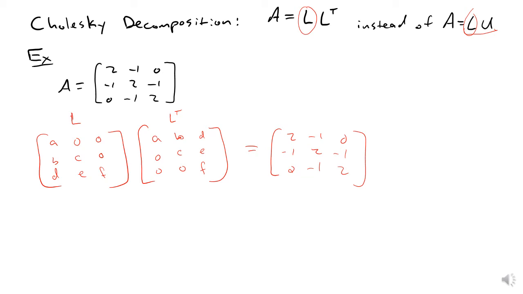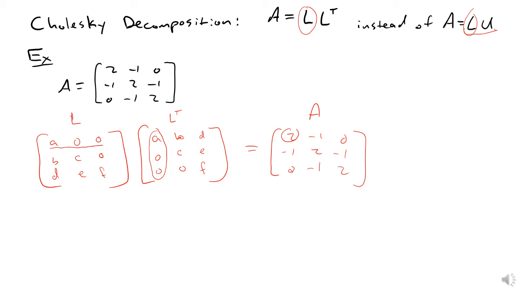Maybe you can already kind of see how we're going to do this. Let's just think about what we would have to do to get these to multiply together to give me A. Well, to get this entry 2 in the first row, first column, I would be doing this first row with this first column of L and L transpose.